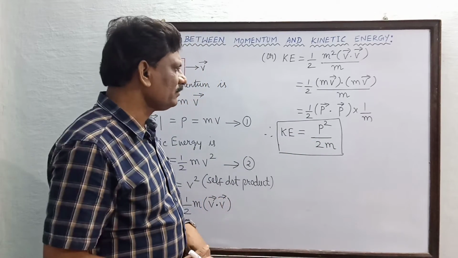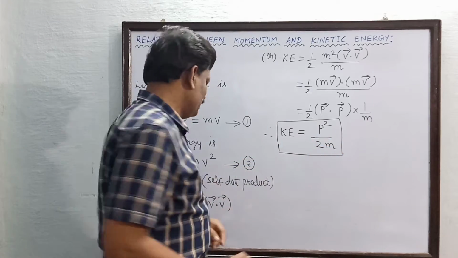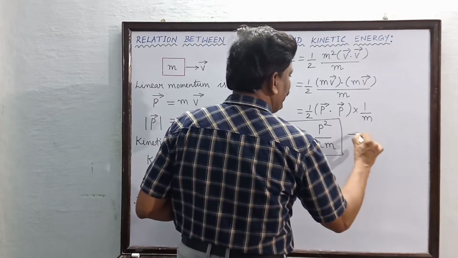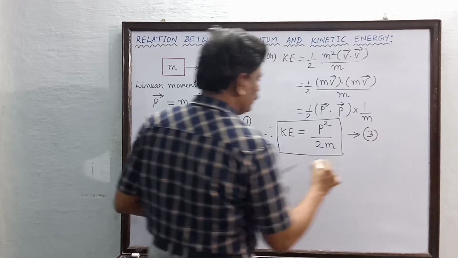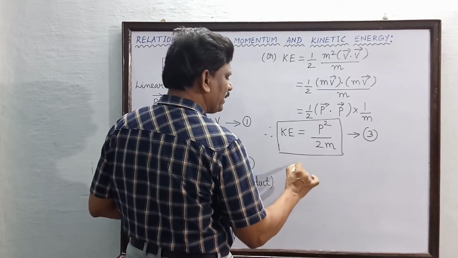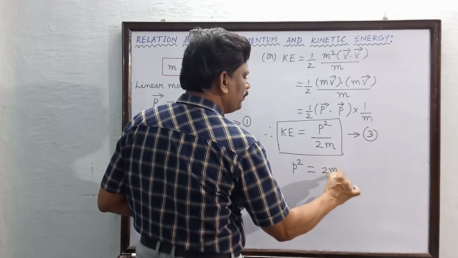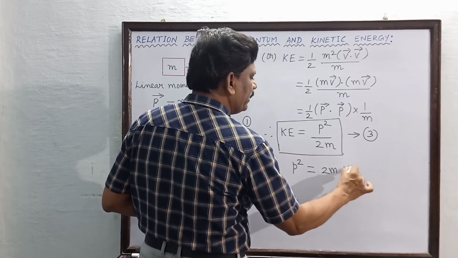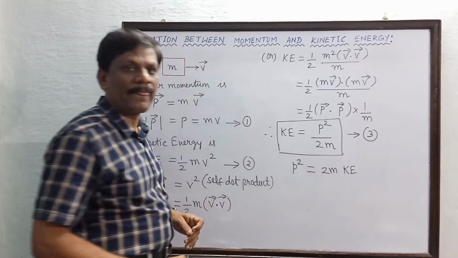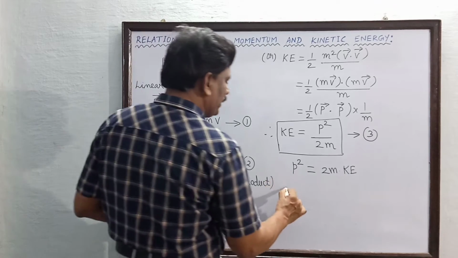Understand? Now, I will express this in another way also. From this equation, what is p square alone equal to? p square is equal to 2m into KE. Therefore, what is linear momentum equal to?